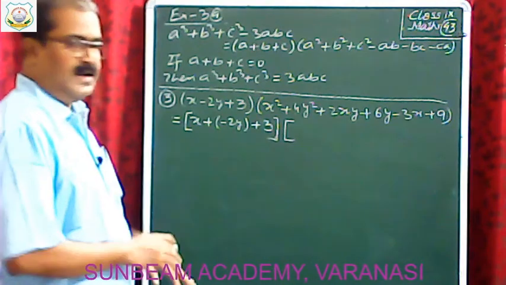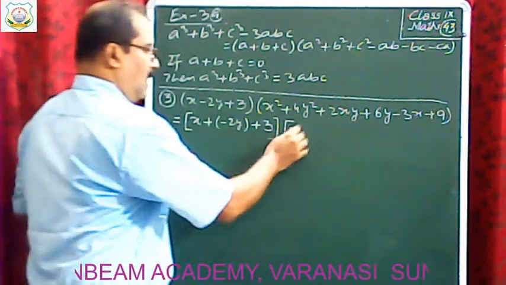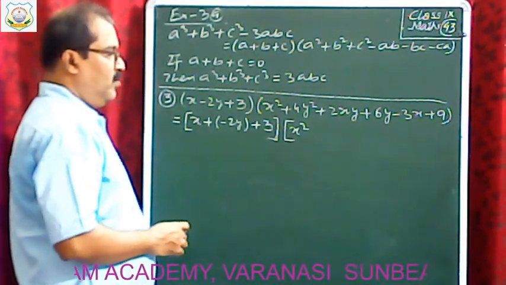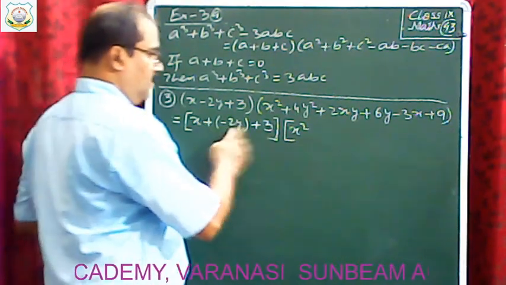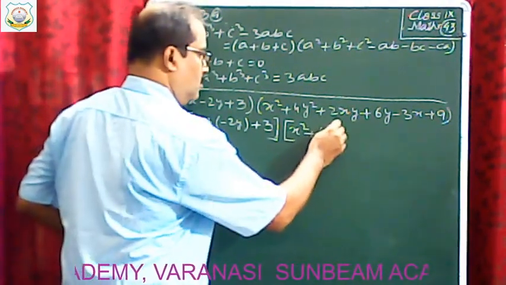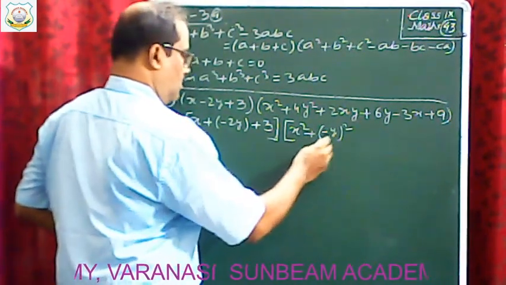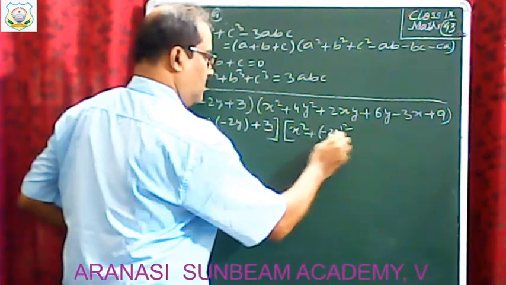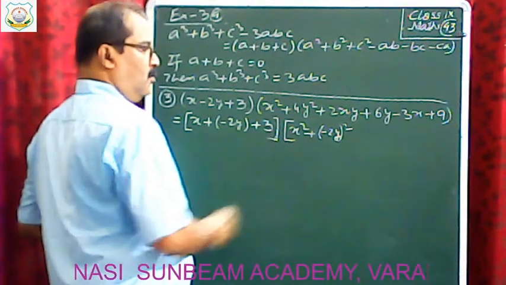We have identified a, b, c. Thereafter a square, x square, and check whether x square is given in the given polynomial or not. Plus b square, b is minus 2y, whole square, so minus 2y whole square, that is 4y square.